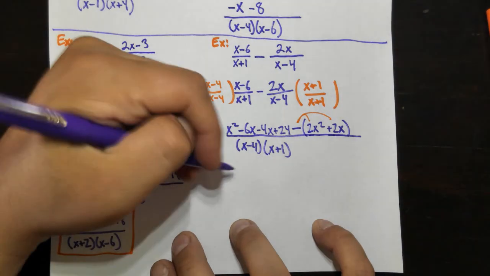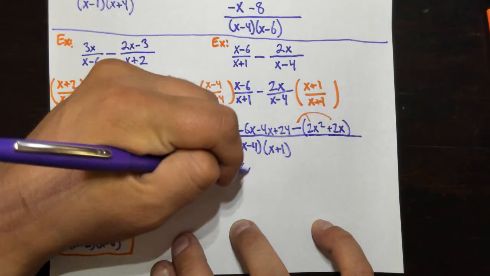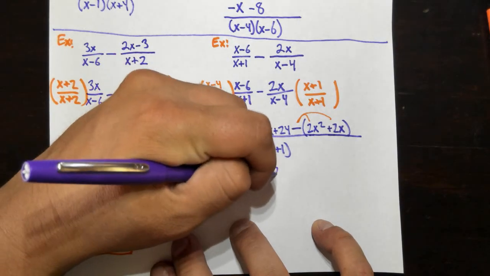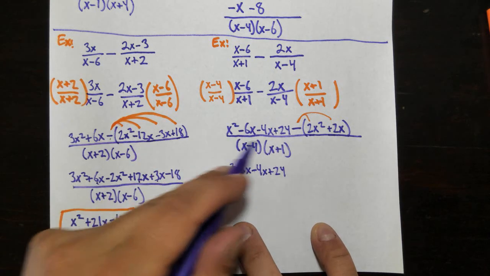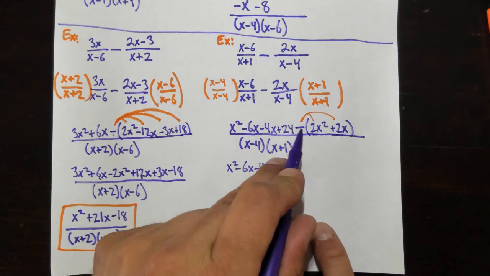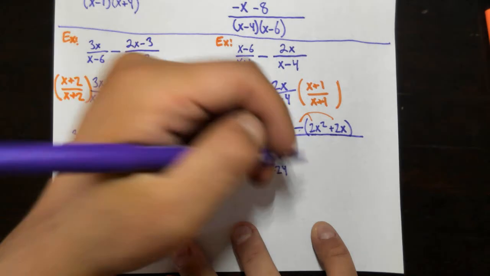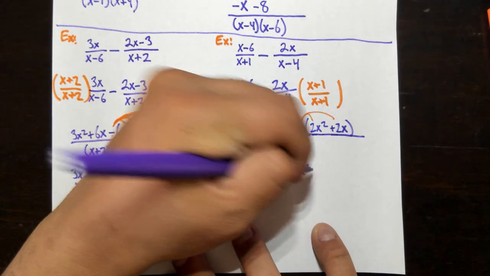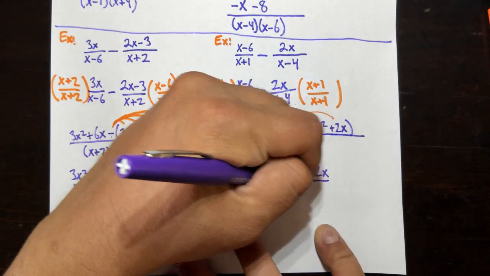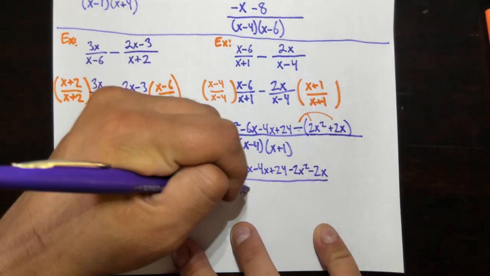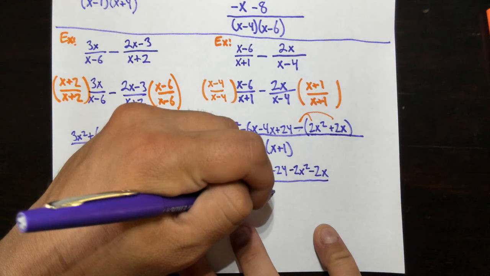We're going to have x squared minus 6x minus 4x plus 24. Notice nothing's happening to this first polynomial here. Just the second one. So negative times 2x squared is negative 2x squared. Negative times 2x is negative 2x. Still over x minus 4, x plus 1.